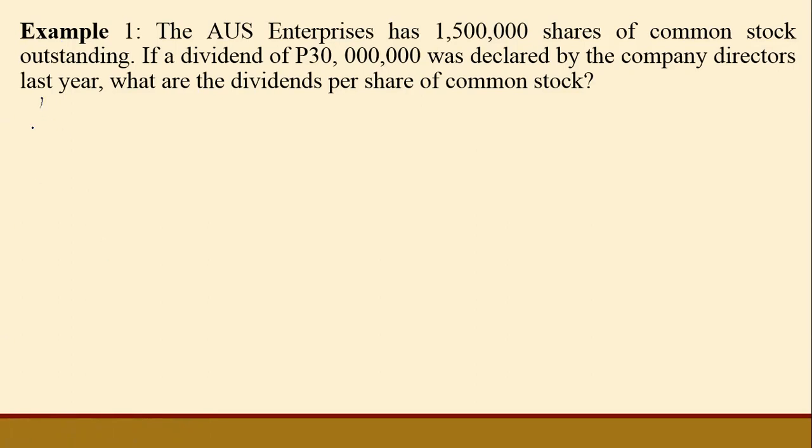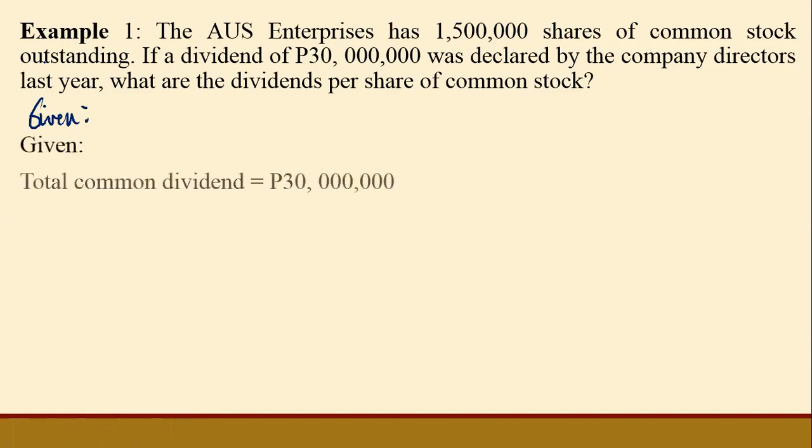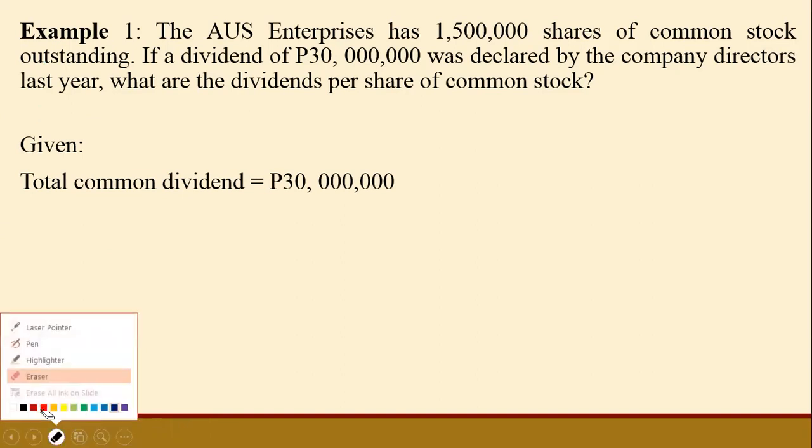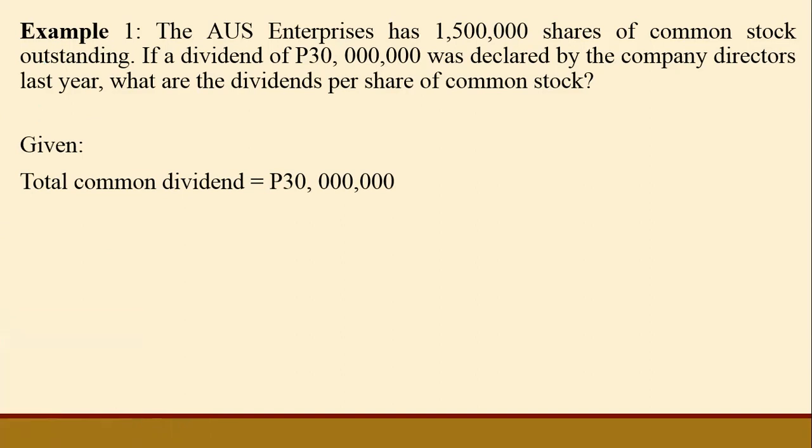So we have our given. For our given to this problem, we have the total common dividend, which is 30 million pesos, and then the number of shares for common, which is 1,500,000.